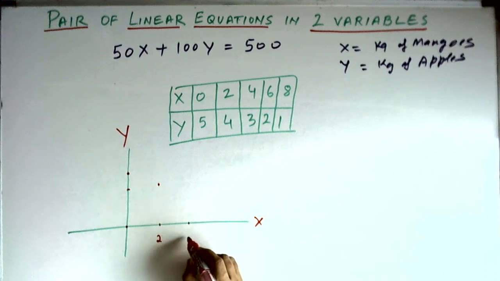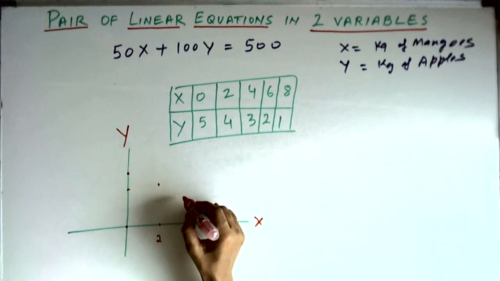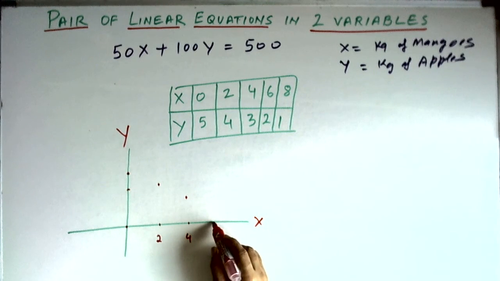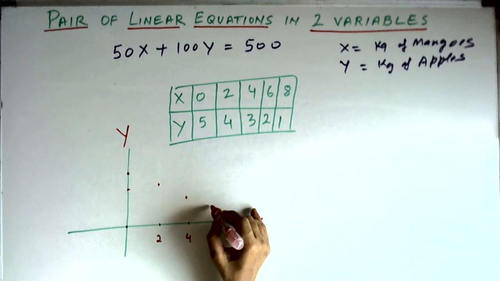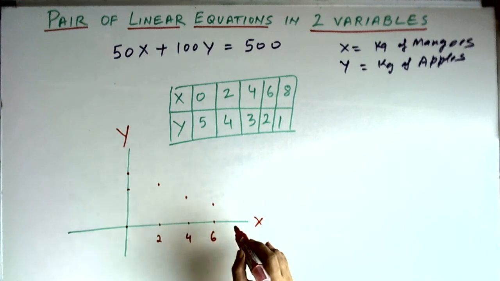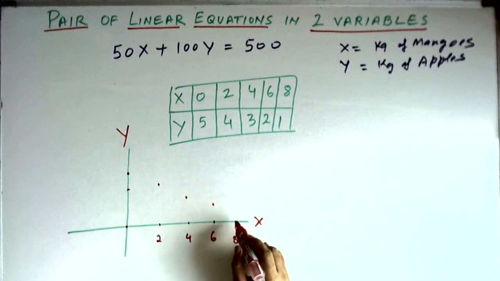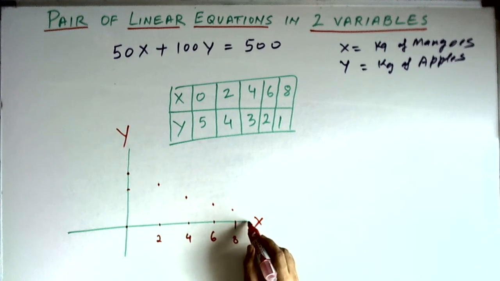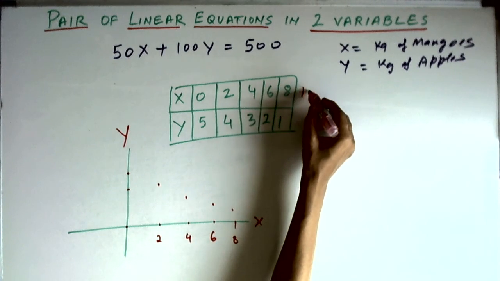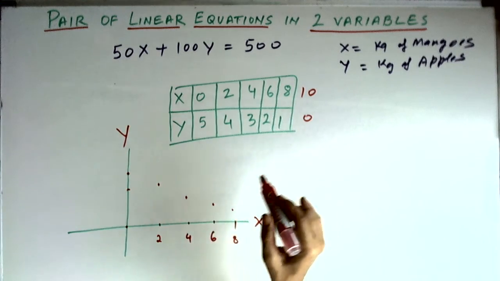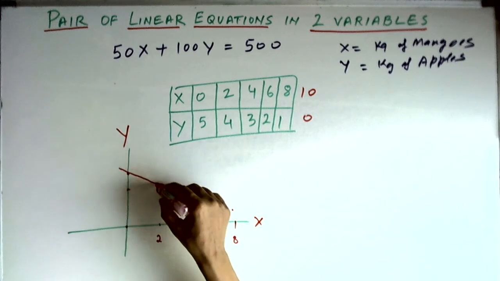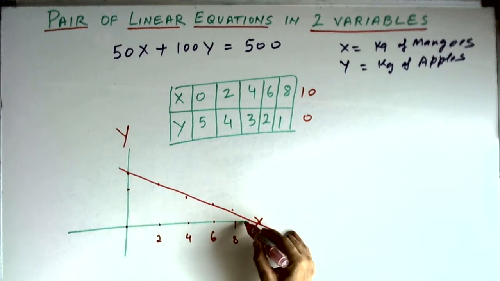And when x is 4, y is 3. And then 6 is 2. And 8 is 1. And actually when we take 10 kilo, then this will become 0. Now if we draw, then we will find this is a line.